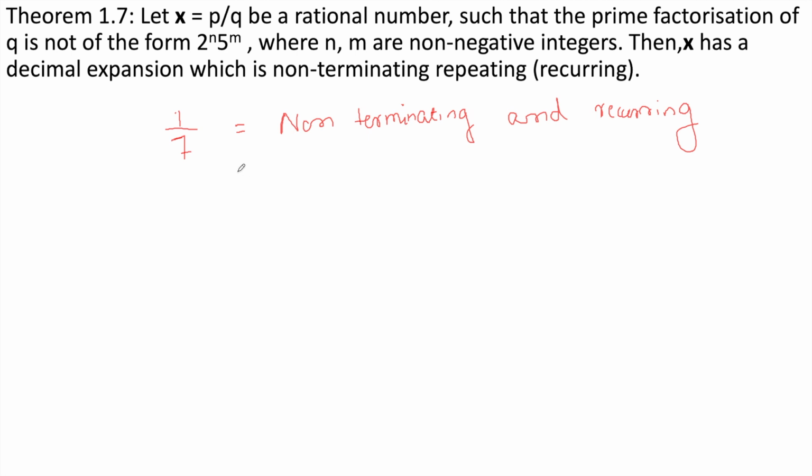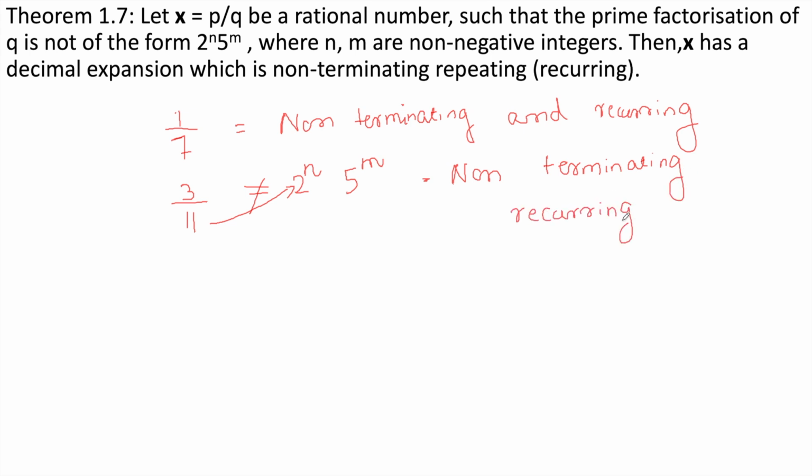Again, I am taking an example of 3 by 11. Check the denominator. It's not of the form 2 raised to n, 5 raised to m, right? So again we can conclude it's a non-terminating recurring decimal number.